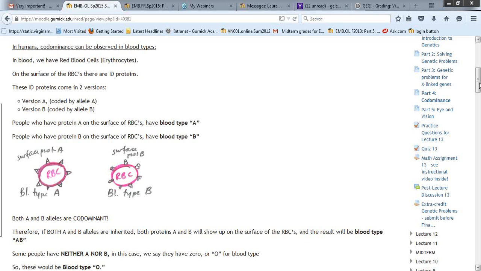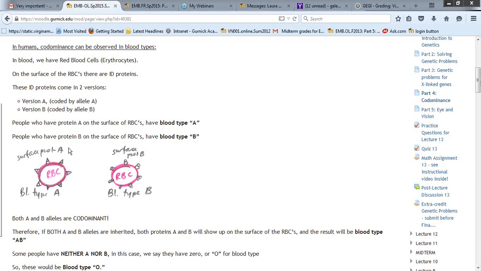Every cell in your body has these little ID proteins, and red blood cells also have ID proteins. We have two different versions of ID proteins. We have version A and version B, as we call them.